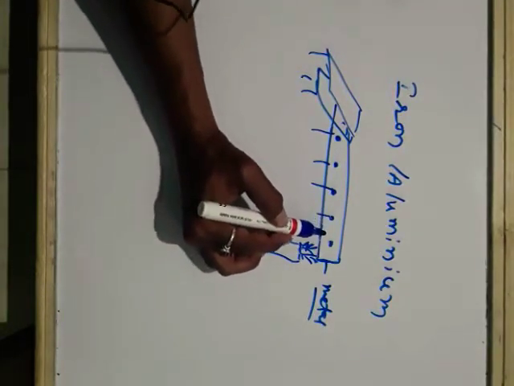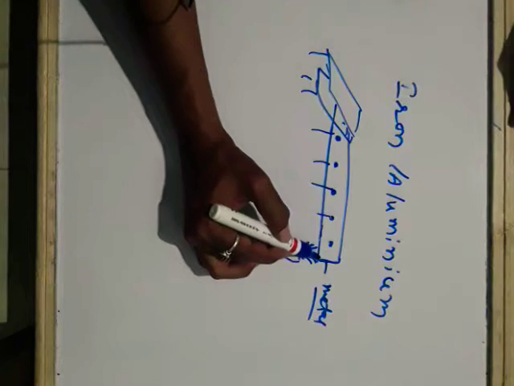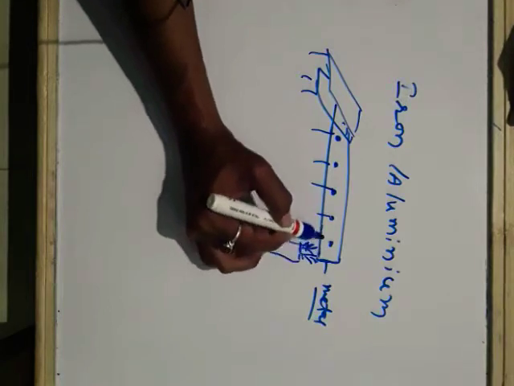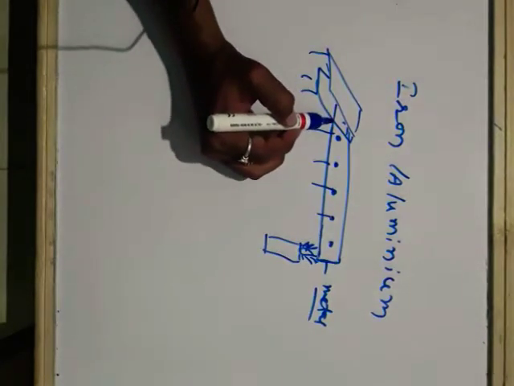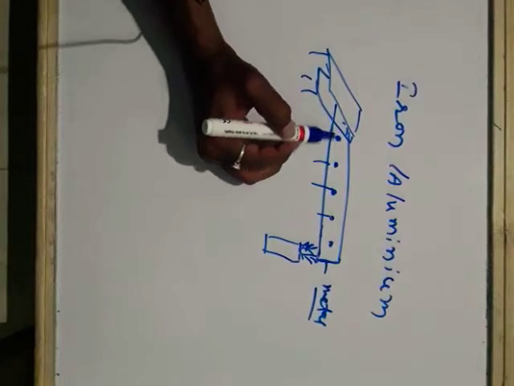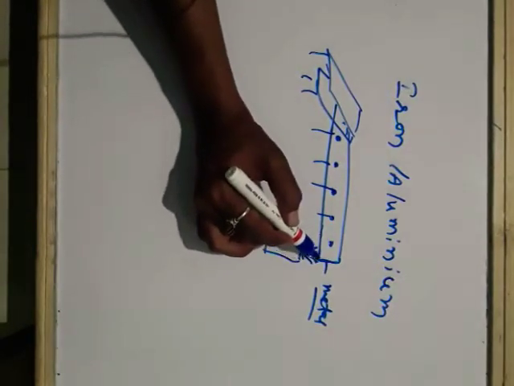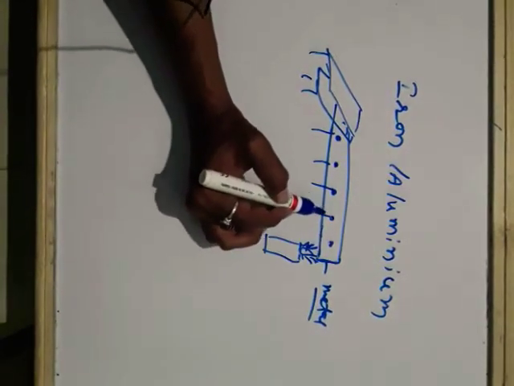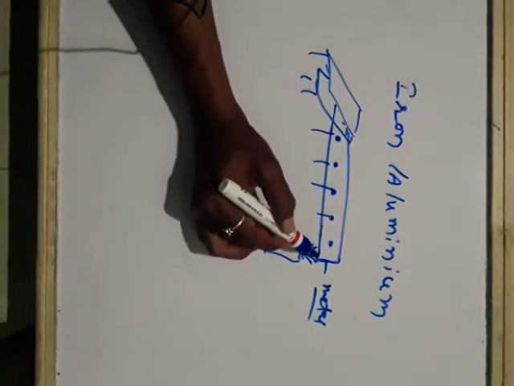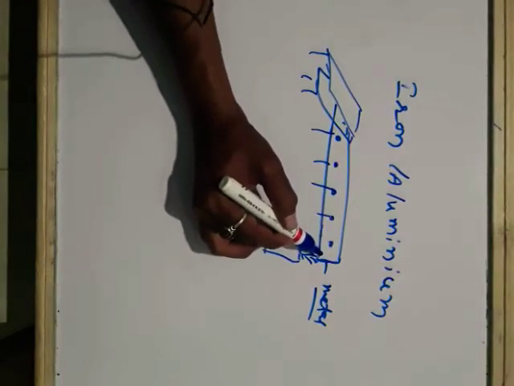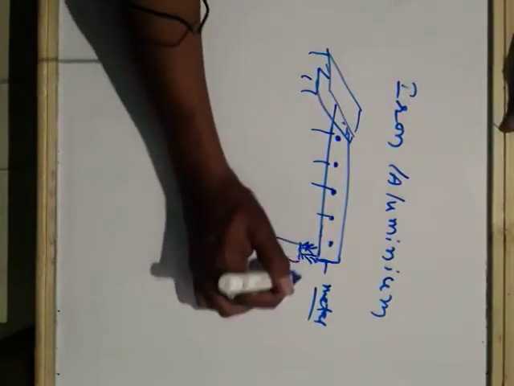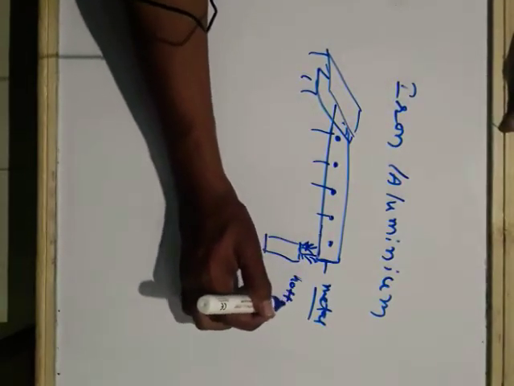In that way, the heat passes from one end of the metal to the other end, from the hotter end to the colder end of an object.